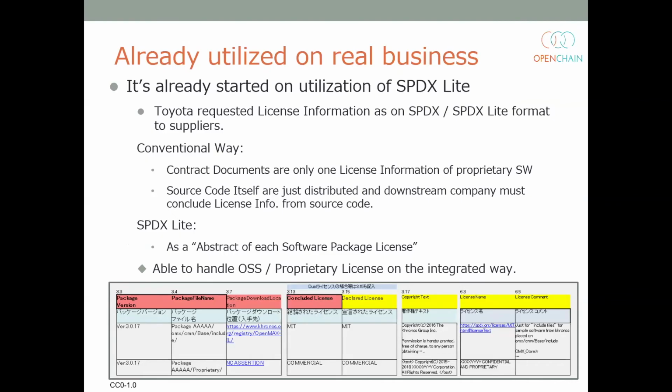The supply chain for Toyota consists of many software companies like Panasonic, Denso, Denso Ten, and Renesas, and many companies join in the single or a few supply chains. So each of those companies will use SPDX or SPDX Lite as a real software development business.